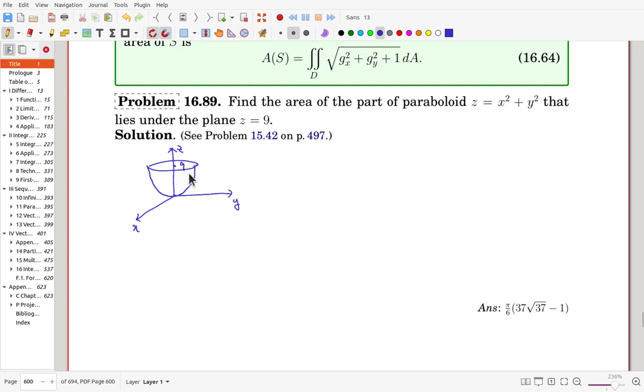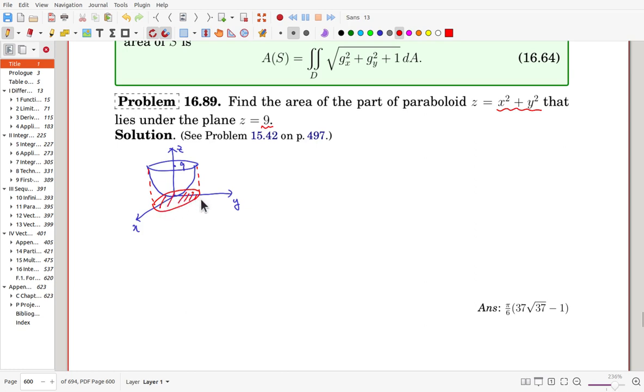Now, that is naturally formulated in this way. If we go down, then the bottom is a circle. That's z equals 9, which means that now z equals x squared plus y squared and z equals 9. If we equate them, then that is exactly that bottom.